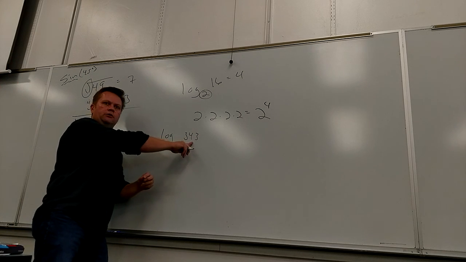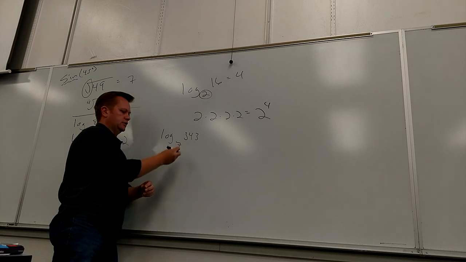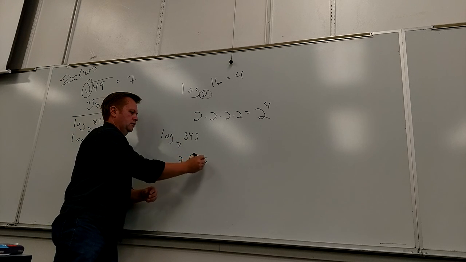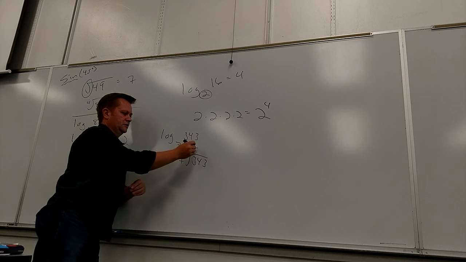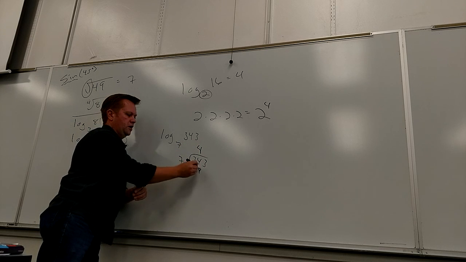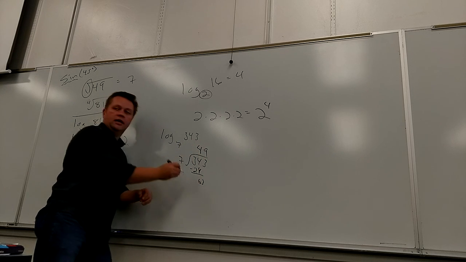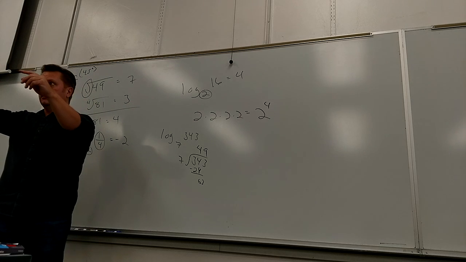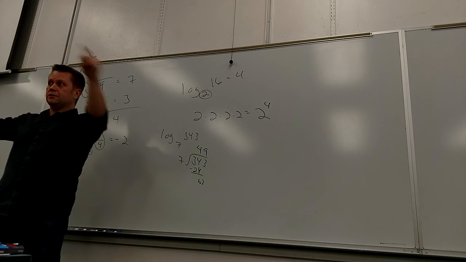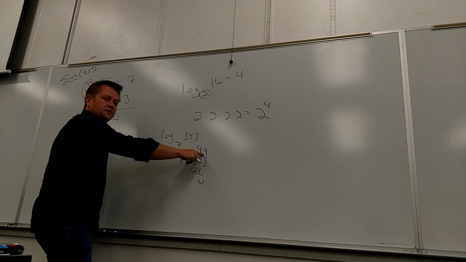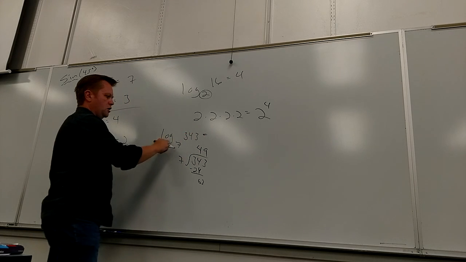So if I didn't know this number, what do I start to do? Start to break this thing down. Does 7 go into 343? Yes. 4, 28, minus 63, 49 times. And 49, of course, is 7 times 7. So it's 7 times 7 times 7. So what's log base 7 of 343?